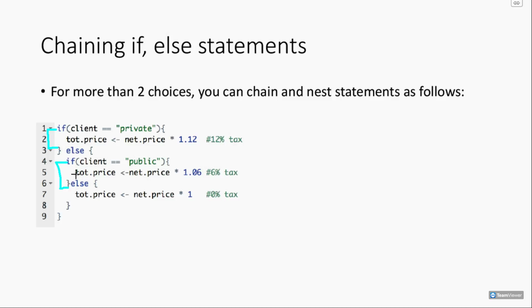That is the use of indentation, just for readability. So what you see is that this whole thing is within the else, and this if else statement is within the else part of the code.